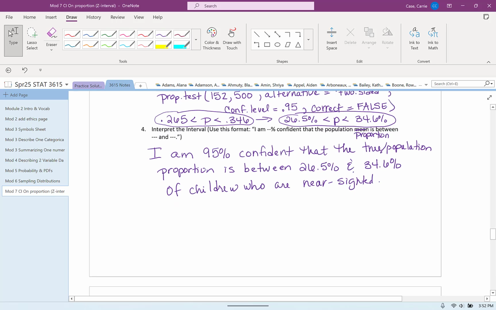And so somewhere between 26.5 and 34.6% of our children are nearsighted.